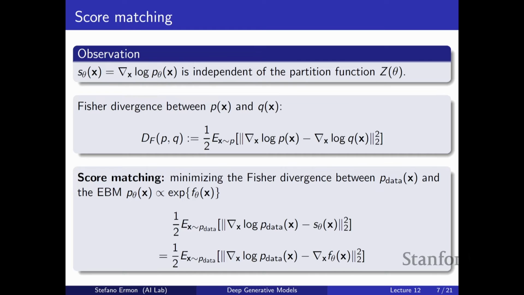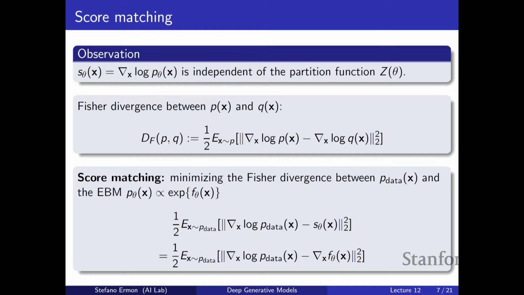Yes, this only works for continuous densities. And so we're comparing the gradients of the true data distribution with the gradients of the model, which are things we can compute. And even though P theta is an energy-based model, this loss function only depends on the score, which we know we can compute efficiently without having to worry about the normalization constant.